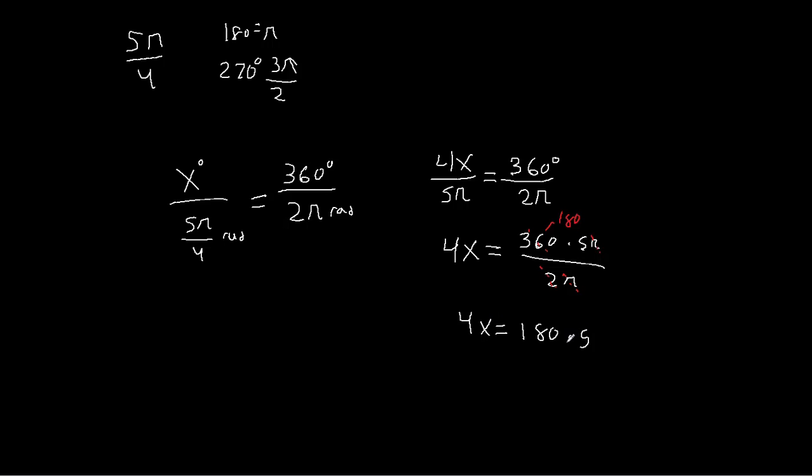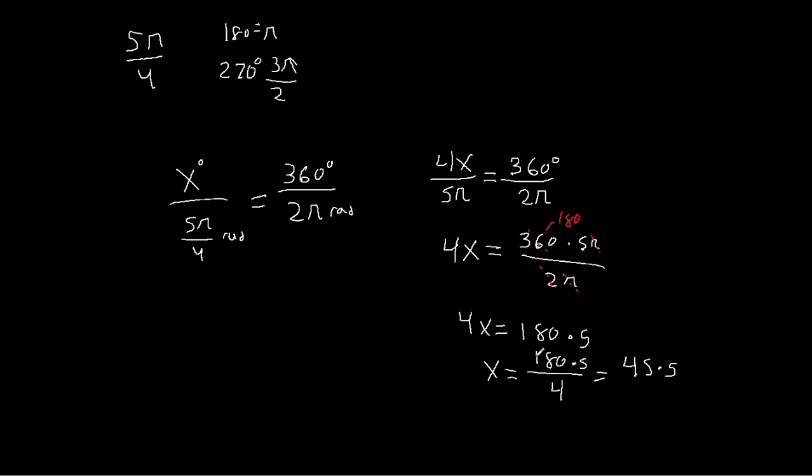Now I'm leaving it like this because it's going to make the math a little easier in a second, because the next step is to isolate x by dividing through by 4. So we have x is equal to 180 times 5 over 4. What we can do here is divide 180 by 4, which is equal to 45, times 5. Hopefully that made sense.